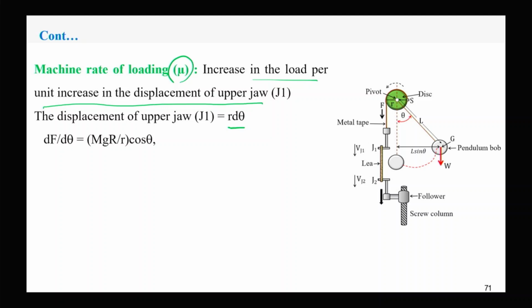If we differentiate the earlier relationship, we get dF by d theta equal to mgR by small r cos theta.